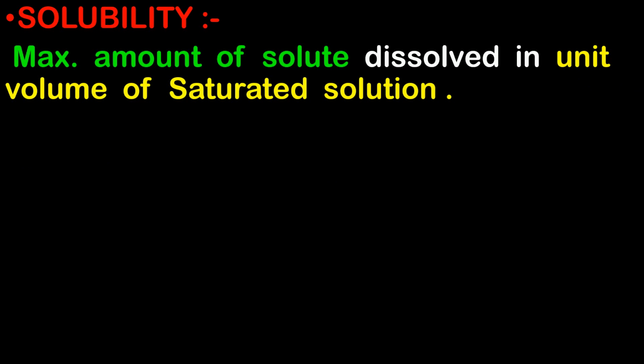So unit volume will be equal to 1 liter. Suppose your saturated solution is given in dm cube, then your unit volume will be 1 dm cube. As simple as that.